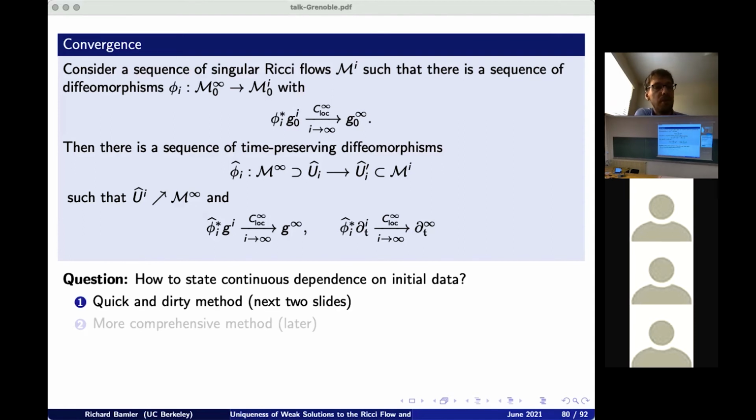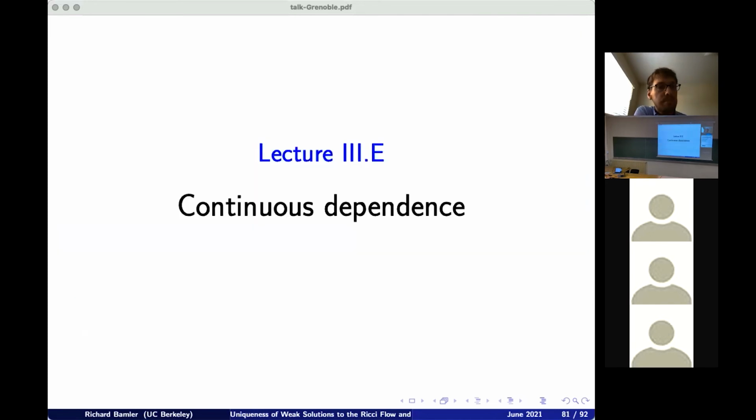There's one which I'll call the quick and dirty method, and I'll spend the next 2 slides on this. And then there will be a more comprehensive method, which I like more, that really gets at the heart of continuous dependence, and I'll focus on this tomorrow. Okay. So let me now discuss continuous dependence.